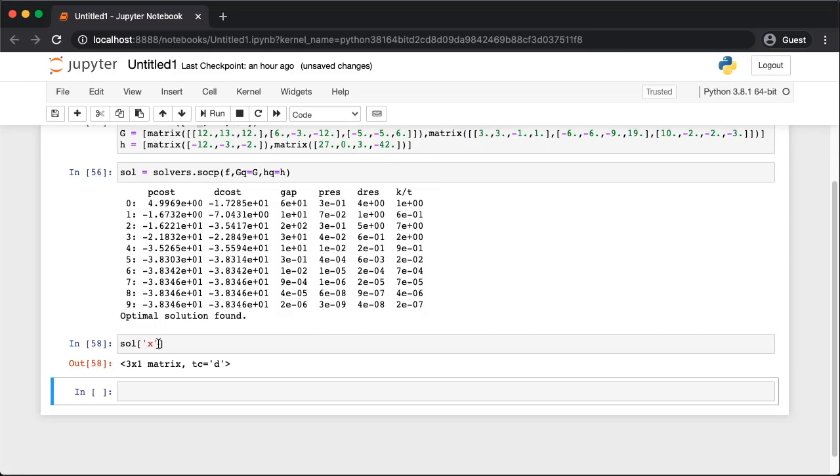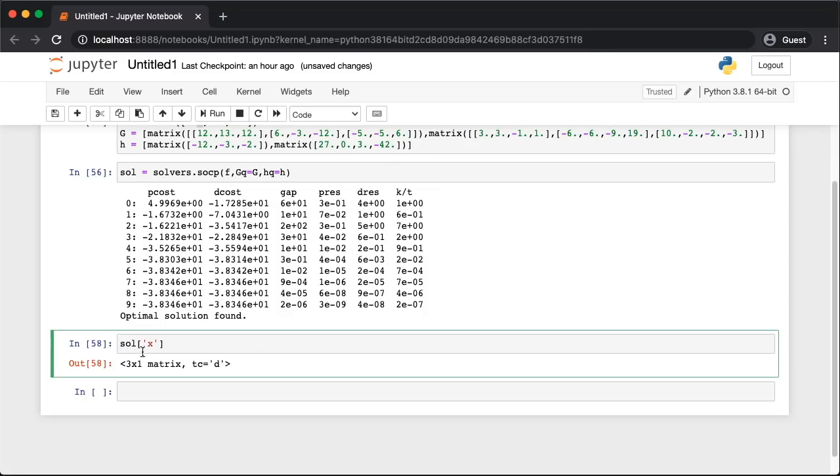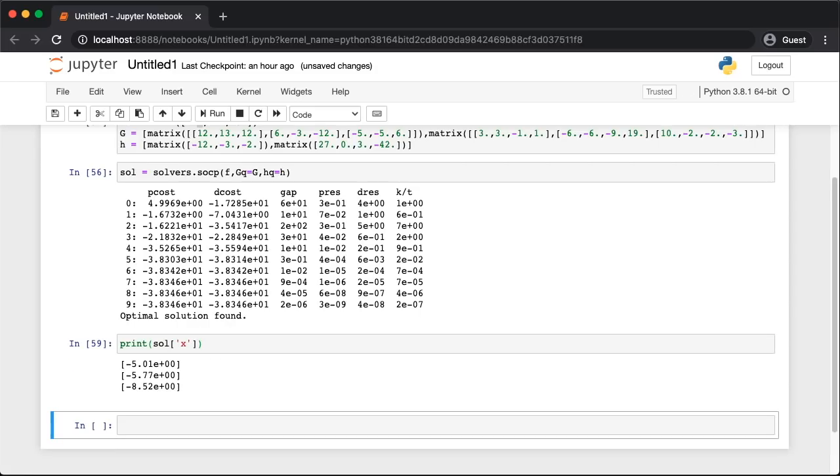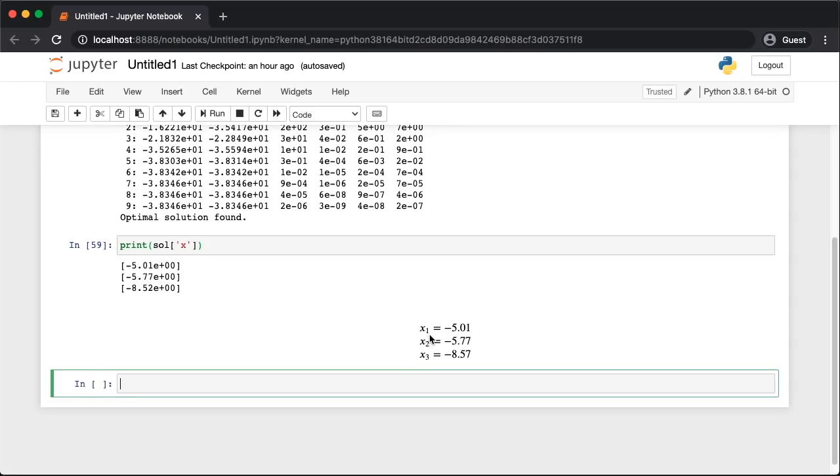It's sol['x']. It's 3 by 1, of course, containing x1, x2, x3, where these numbers are their corresponding values. So x1 is minus 5.01, x2 is minus 5.77, and x3 is minus 8.52, not 57.